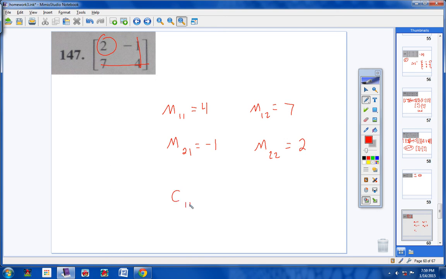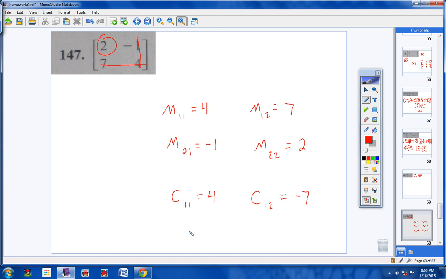Now remember, your cofactors are really simple, okay? You look at this number here, alright? If you add these two together and it's an even number, then you don't change the sign. So 1 plus 1 is 2, 2 is even, so leave the 4 alone. Okay, let's go ahead and cofactor 12. 1 plus 2 is 3, 3 is odd, so you change the sign of this and you put a negative 7.